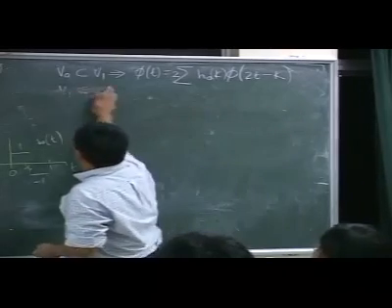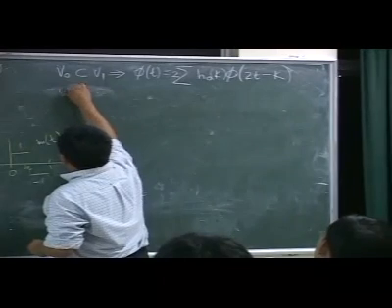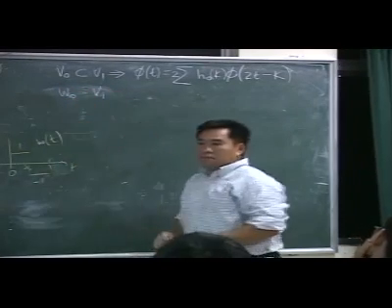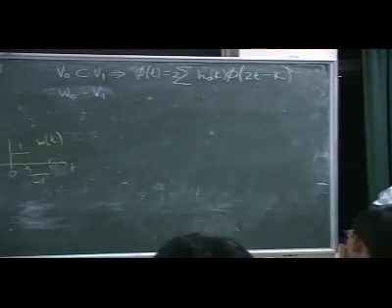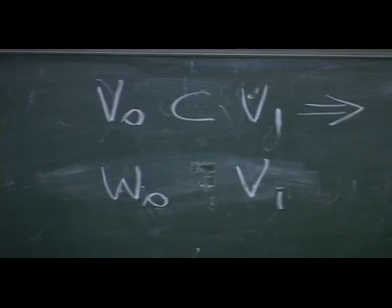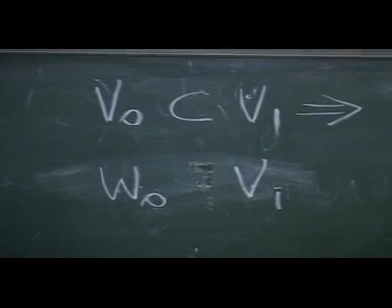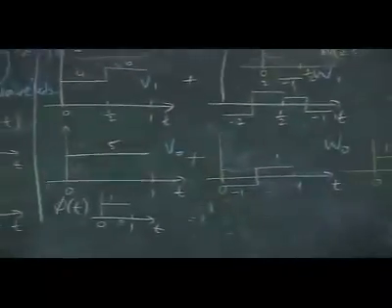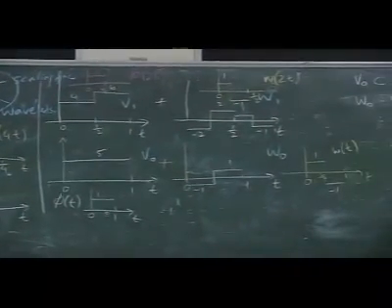And how about W0 and V1? Which space is bigger? W0 is right here, right? And V1 is right there. Which space is bigger? V1.